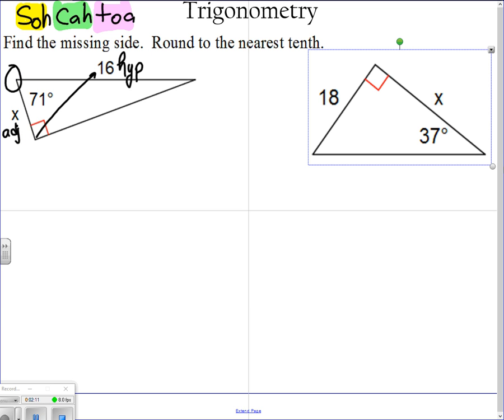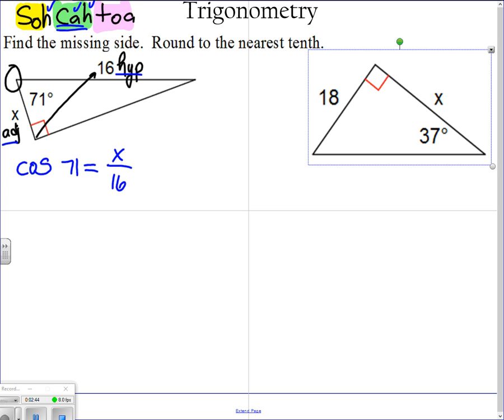Now, I need a ratio that has hypotenuse and adjacent, so they're talking about cosine. So what we're going to do is the following. Cosine of the angle 71 is equal to the adjacent, x, over the hypotenuse, which is 16.